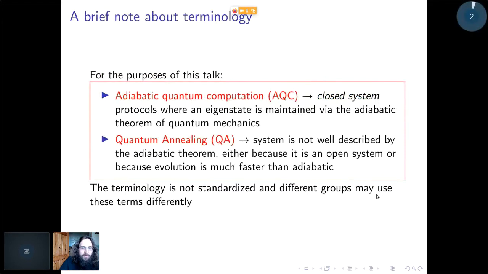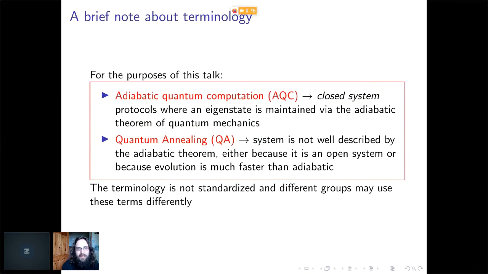So, before anything else, a brief note about the terminology I use. For the purposes of this talk, when I'm talking about adiabatic quantum computing, I really mean where you're actually trying to be in the adiabatic limit, where you're really trying to be adiabatically slow.